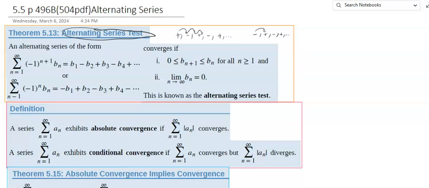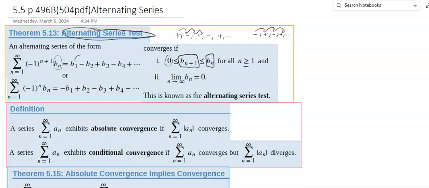If you have two terms that are positive and two terms that are negative, that wouldn't be an alternating series. It must be consistent: positive, negative, positive, negative. So here, assuming that b sub n for any n is bigger than 0, it's positive.